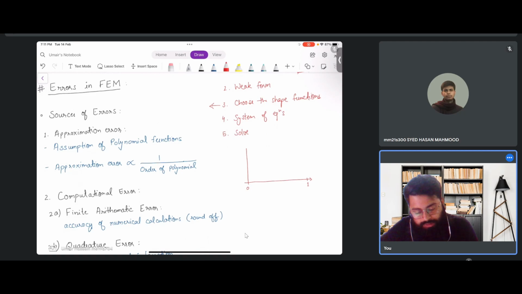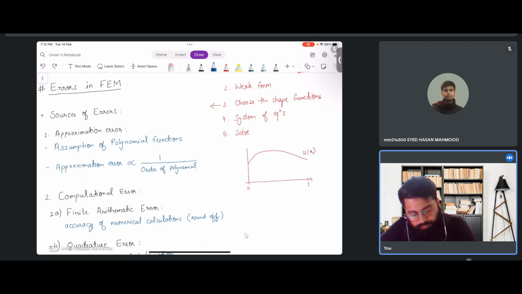Suppose the exact solution looks something like this, u of x. And we discretize the domain. Suppose these are our elements.